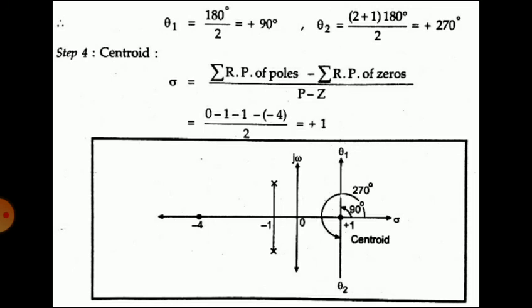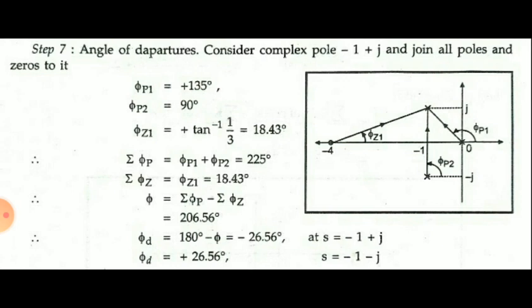So poles are 0 minus 1 minus 1, minus 0, is minus 4, upon 2, that is equal to minus 2. So on that point you have to draw the asymptotes theta 1 and theta 2. Then the intersection with the imaginary axis is calculated, that is s equal to plus or minus j2. All the procedure you have already seen in the previous slides. So the intersection points will be plus or minus j2.